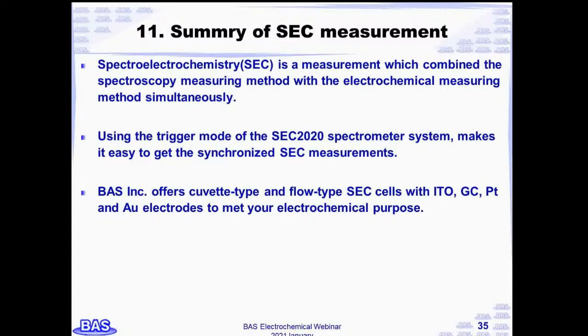BAS offers cuvette type and flow type SEC cells with ITO, GC, Pt, and Au electrodes to meet your electrochemical purpose. Thank you for your attention.